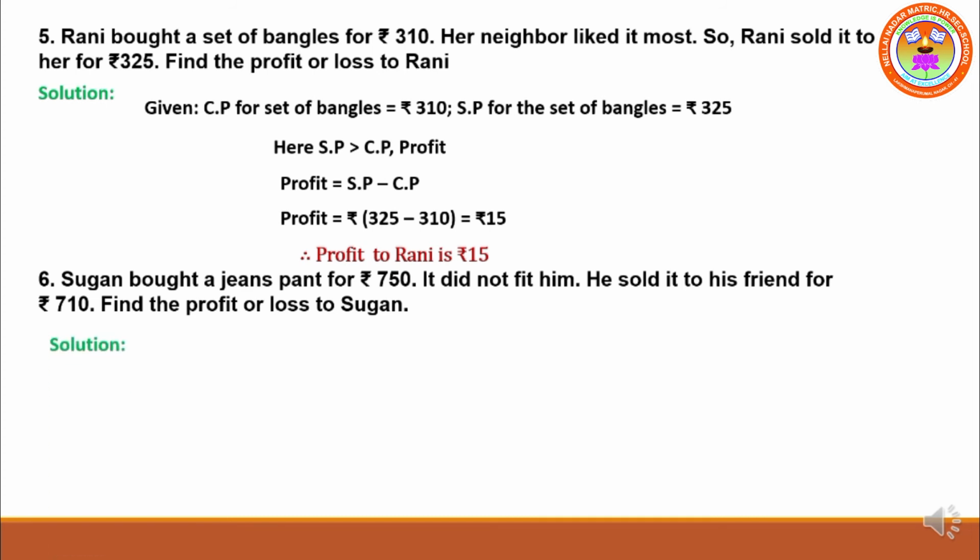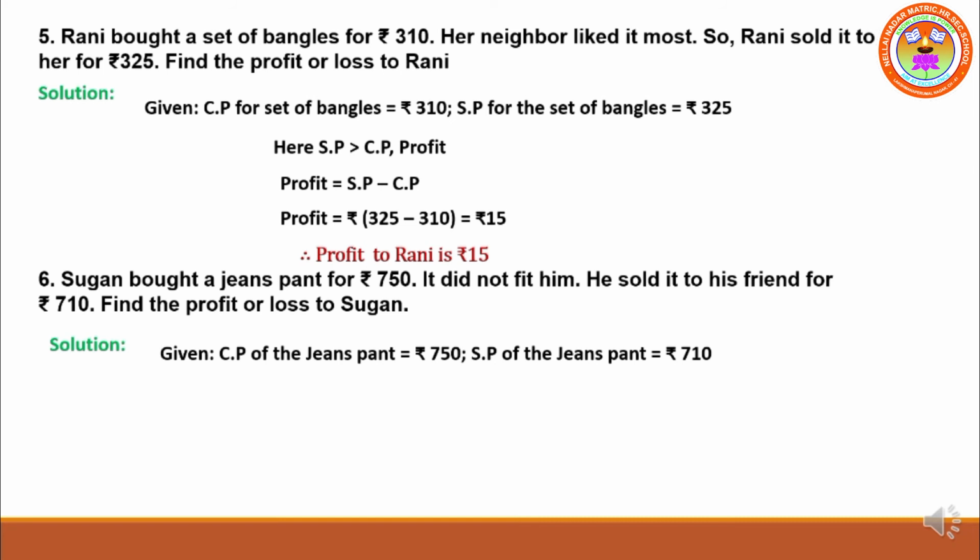What is given? CP of the jeans pant is equal to 750 rupees. Now after selling, what is the selling price? SP of the jeans pant is equal to 710. So we have to find whether it is a profit or a loss to Sugan.